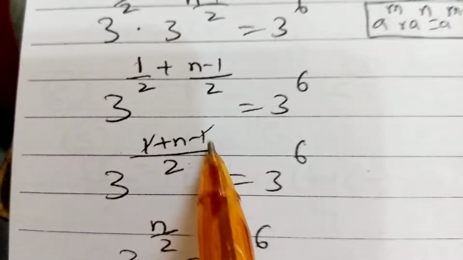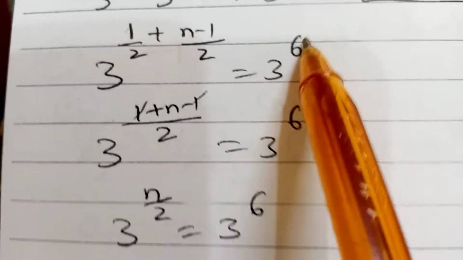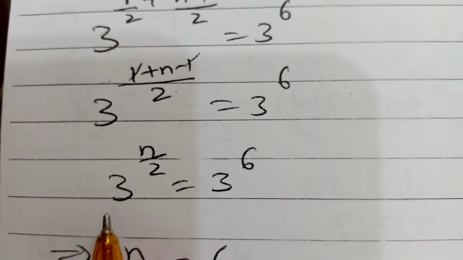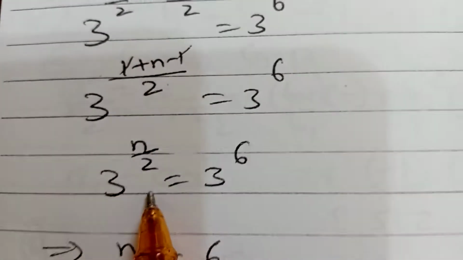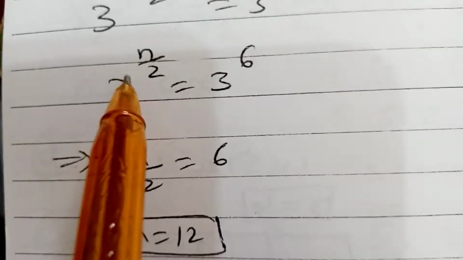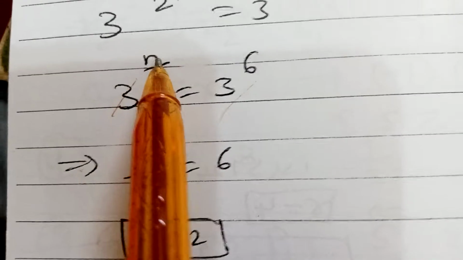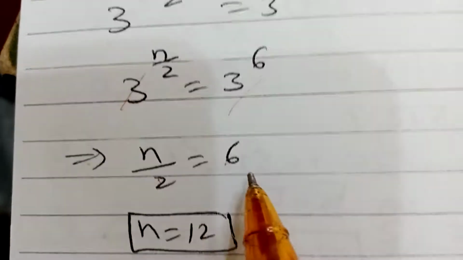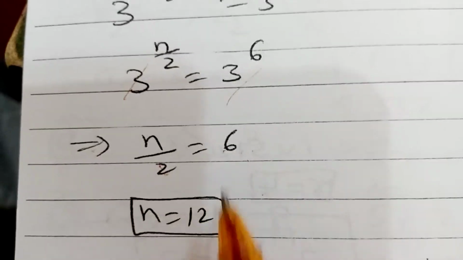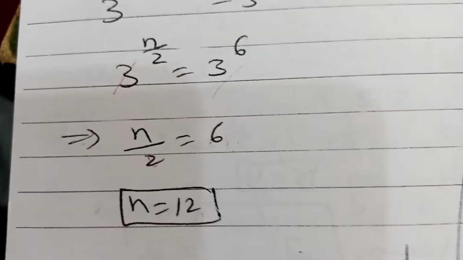So 3^((1 + n - 1)/2) is equal to 3^6. Minus 1 plus 1 cancel. 3^(n/2) is equal to 3^6, which implies the 3s cancel. n by 2 is equal to 6. Cross multiply, 2 sixes are 12. Okay.